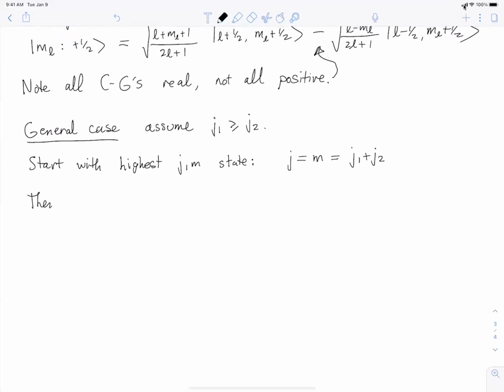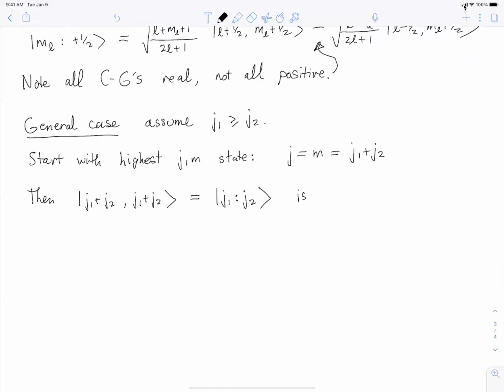So we call that state in the total basis J1 plus J2, J1 plus J2. But it's also equal in the product basis to J1 colon J2. The individual M's are both as large as they can be. That's a unique state.